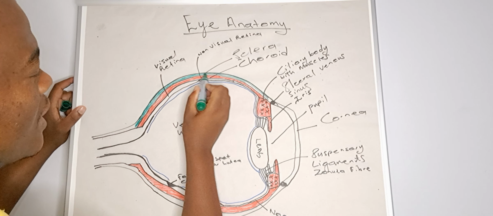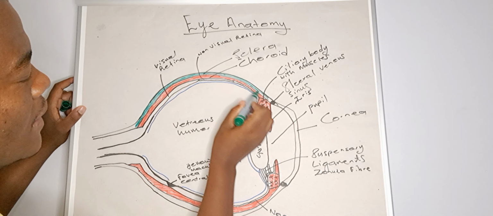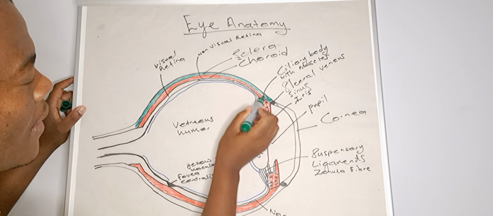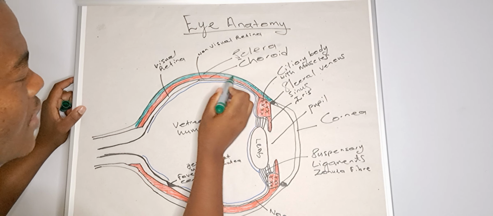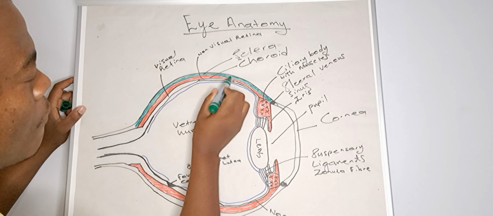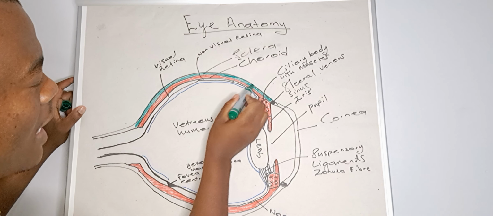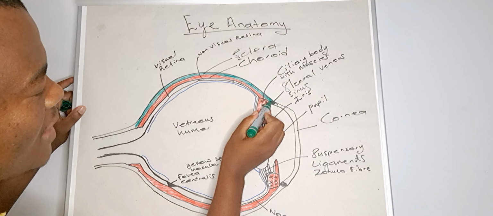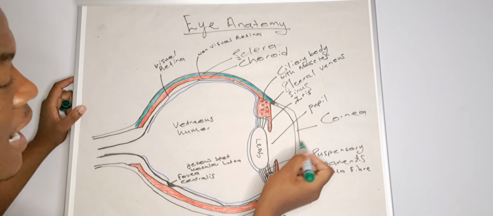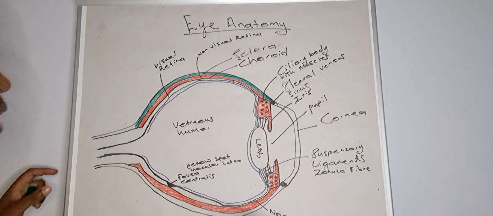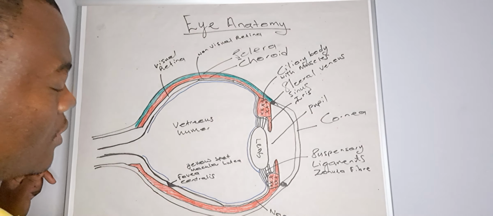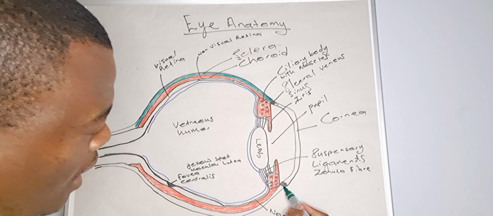This part of the sclera means the white area of your eye. And then the cornea is really transparent. There is no color here. The only color that you'll come across is this particular iris. This is the colored part of your eye.